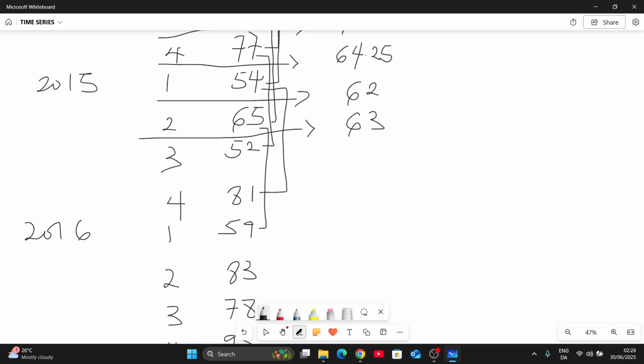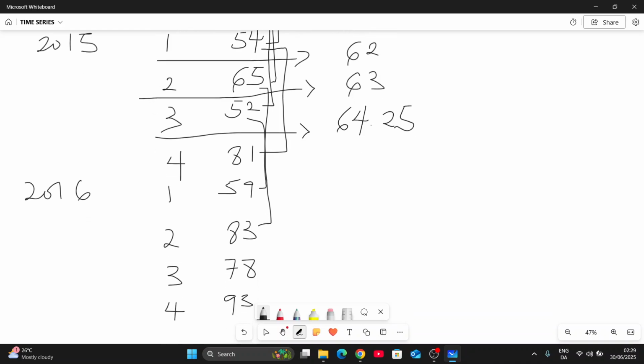And the average is giving us 64.25. Then from 52 to 83. 52 plus 81 plus 59 plus 83 divided by 4, it's giving us 68.75.